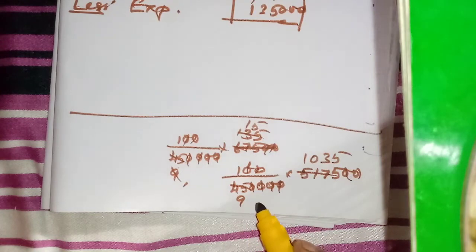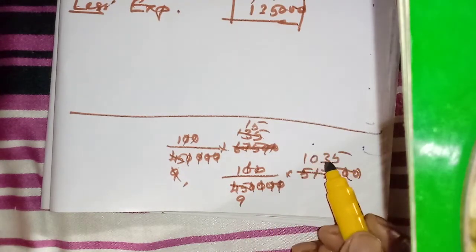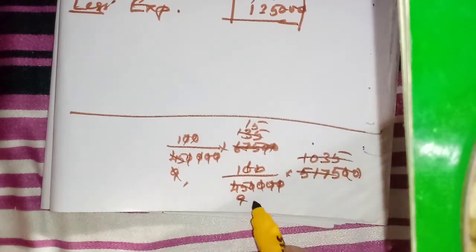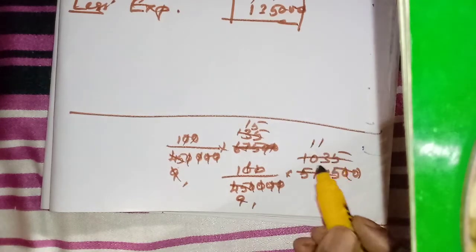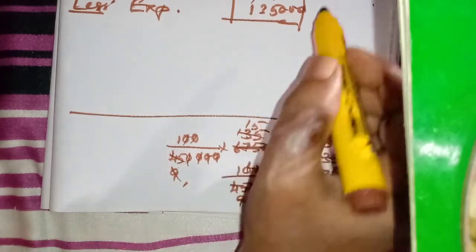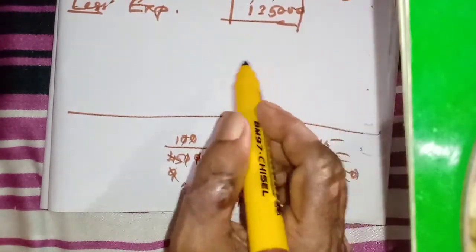Again for 5, 9 we can give. 1 9 is 9, 13. Okay, it will go. 1 9 is 9, remaining 1 13, again 1 4, 45, 5. So 500, 115. So simply we can add, isn't it?